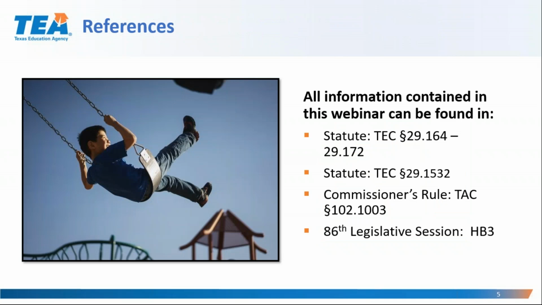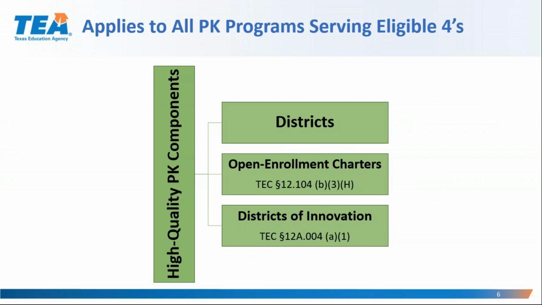All the information contained within this presentation comes from at least one of the sources listed on this slide. Please note that the high-quality pre-kindergarten components are applicable to all programs, districts, open enrollment charters, districts of innovation, that are serving eligible 4-year-old students using foundation school program funding.